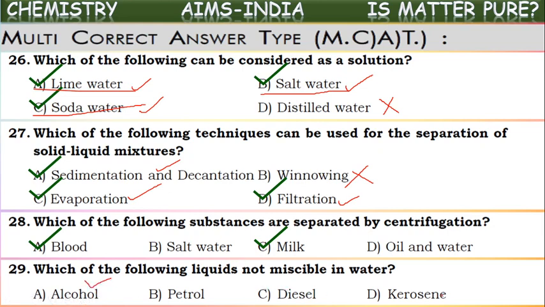Petrol, diesel, kerosene, and some other vegetable oils will not dissolve into water. So here petrol, diesel, and kerosene will come under immiscible liquids in water. Means these will not dissolve into water. Alcohol will dissolve. Okay, these three will not dissolve.